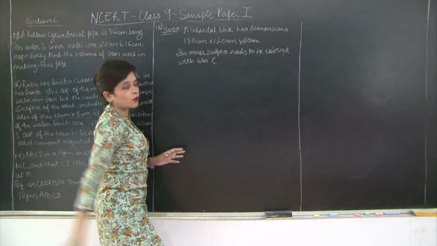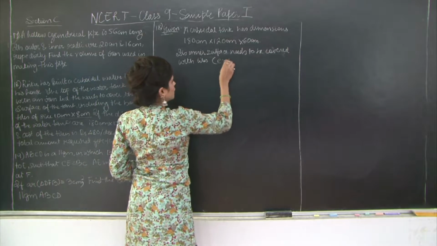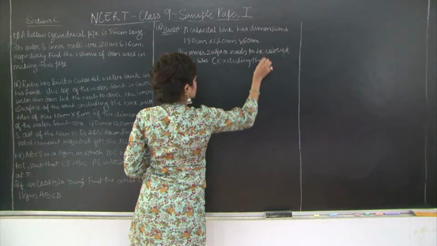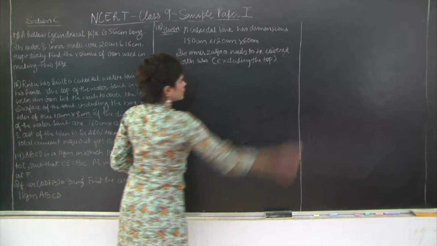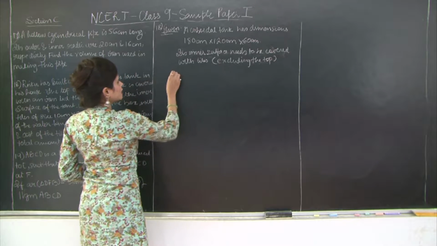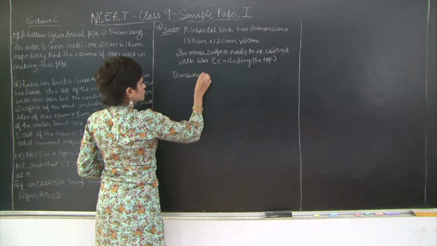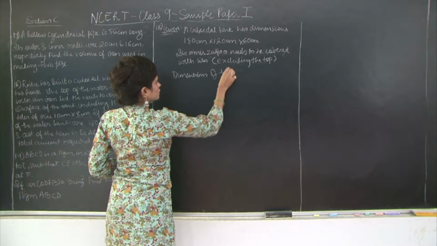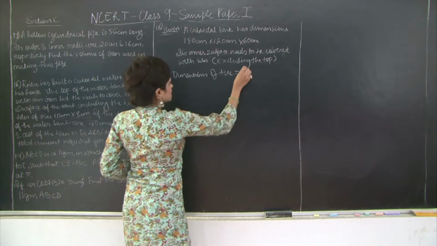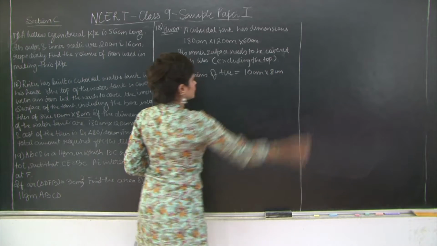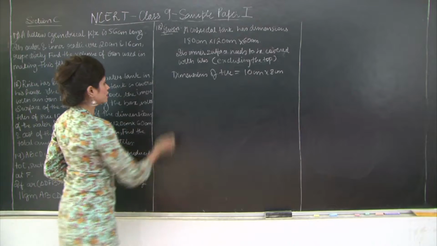So excluding what? Excluding the top. Then the dimensions of the tile is 10 centimeters by 8 centimeters. And also what is given?